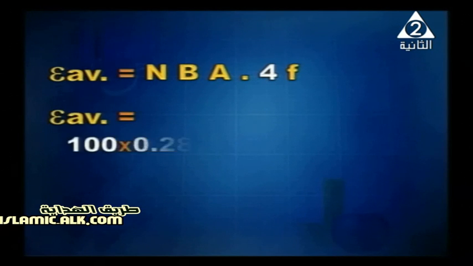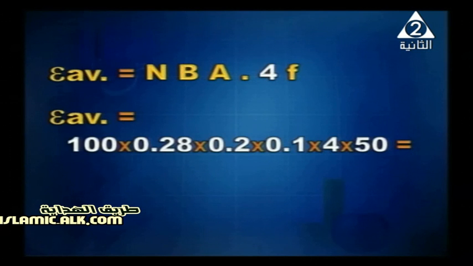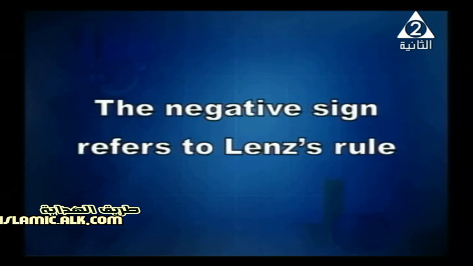So average EMF equals 100 times 0.28 times 0.2, 0.1. These are the dimensions of the coil. Times 4, and frequency is given 50. 3000 over 60, it is 50. It will be 112 volt. And of course, you remember the negative sign refers to Lenz's rule.